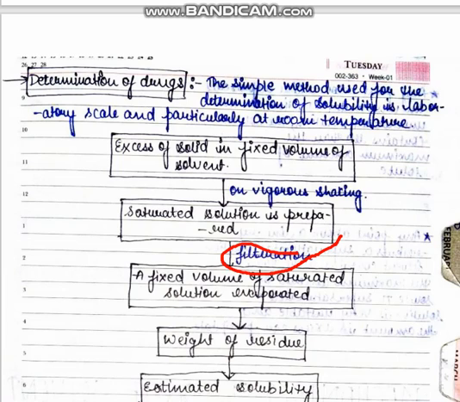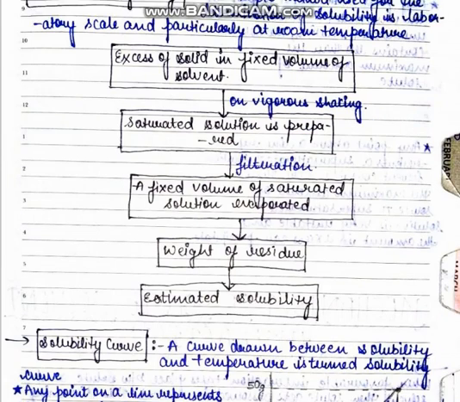After evaporation, all the solvent is evaporated and the residue left is the solute. Then we determine the weight of the residue and from this we calculate the solubility of that solute. This is the method that we generally use in our laboratory at a particular temperature.